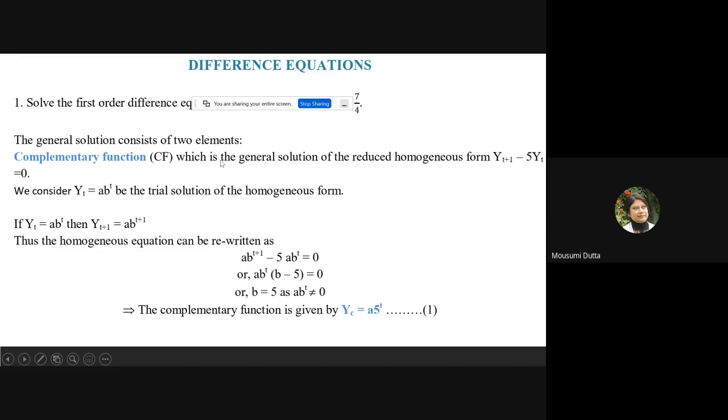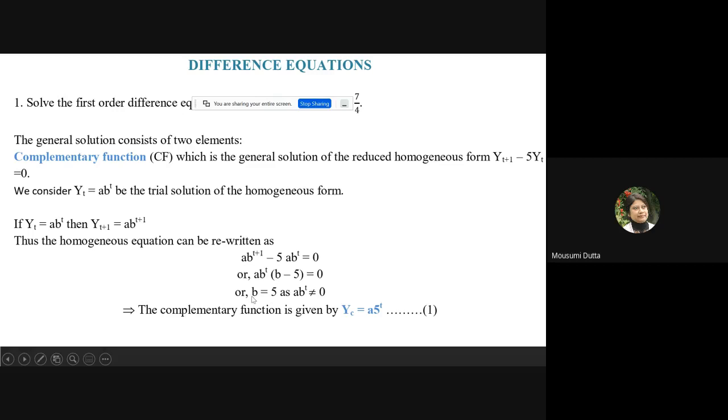In this particular framework, we have y_t and y_{t+1}. Actually, if y_t is equal to A b to the power t, y_{t+1} is A b to the power t+1. So we are putting these values in the given equation and trying to find out the value of b.